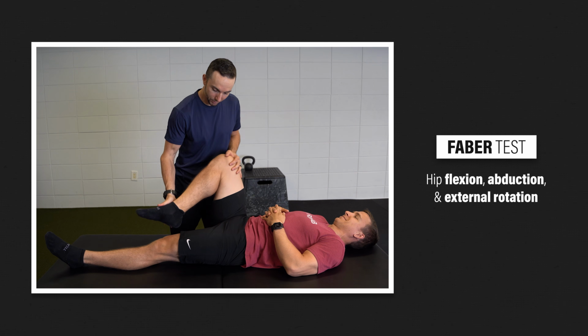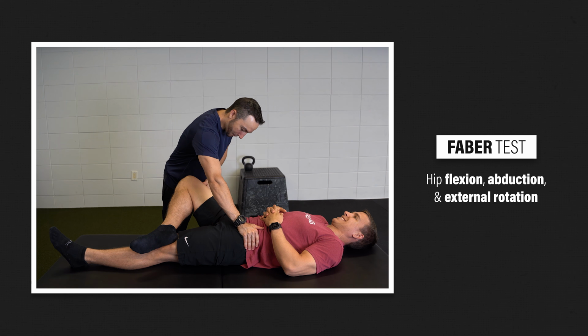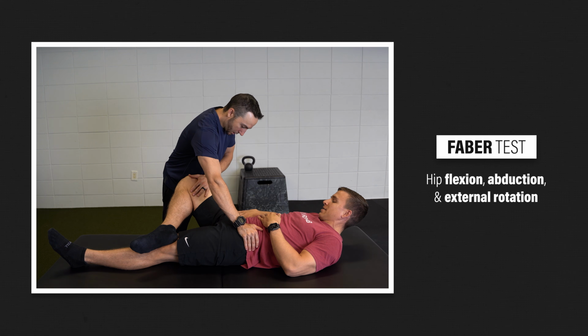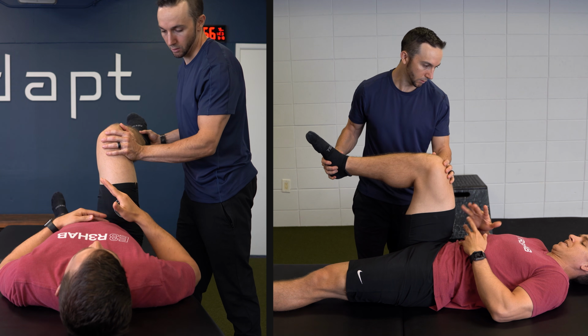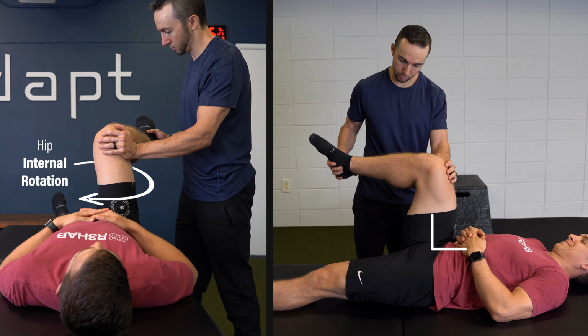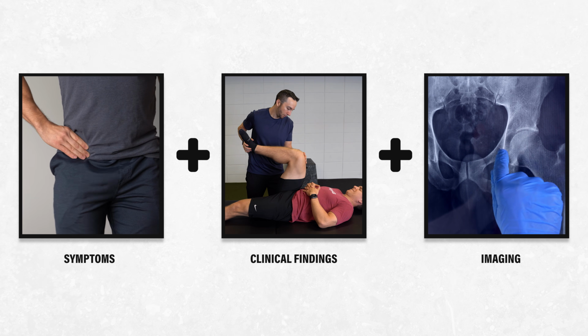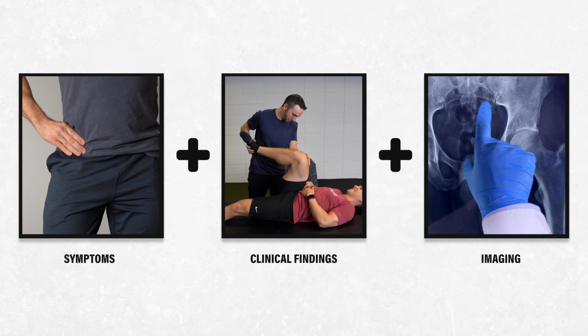Flexion, abduction, and external rotation may also be used to evaluate symptoms and differences in side-to-side range of motion. Additionally, hip range of motion is independently assessed with an emphasis placed on hip internal rotation when the hip is flexed to 90 degrees.